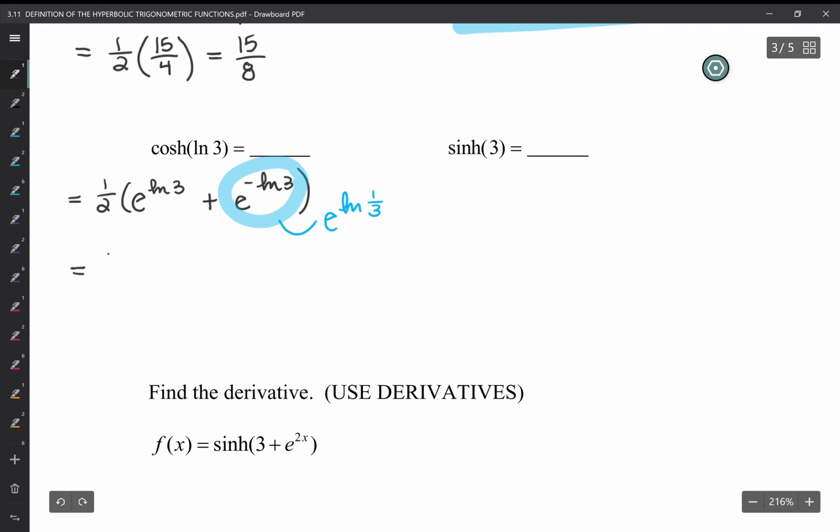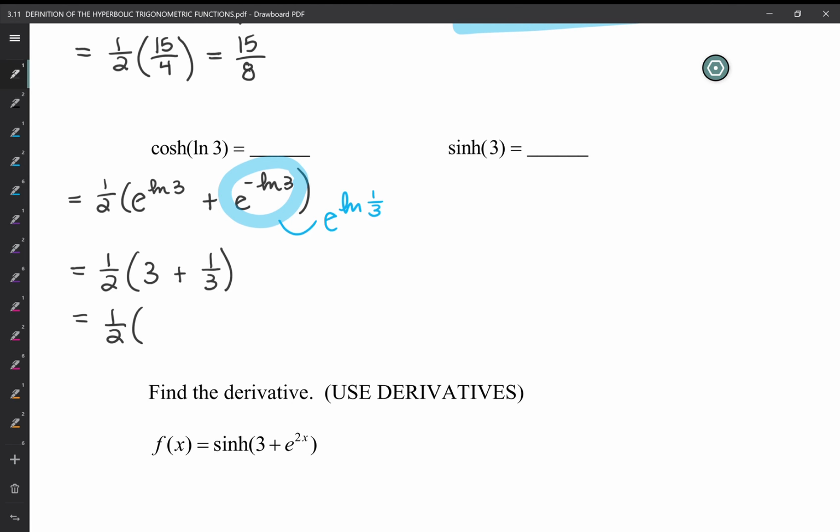So this whole thing is equal to 1/2 times 3 plus 1/3, which is equal to 1/2 times 9/3 plus 1/3, which is equal to 10/3, which simplifies to 5/3. So the hyperbolic cosine of the natural log of 3 is equal to 5/3.